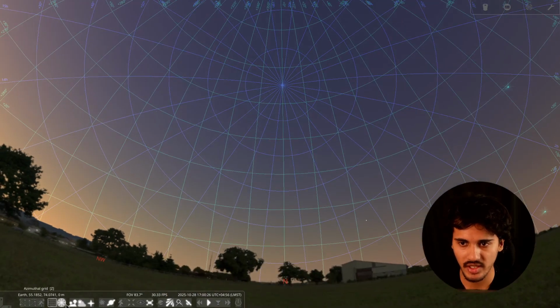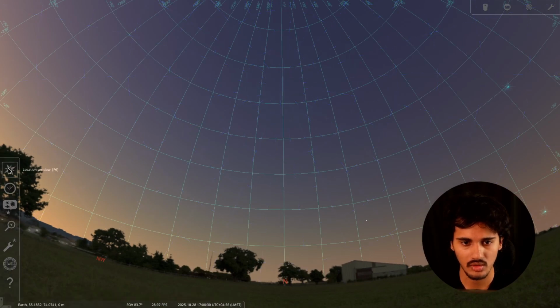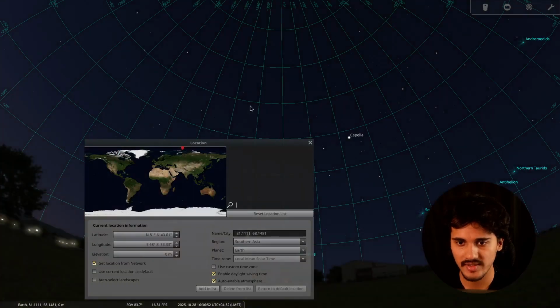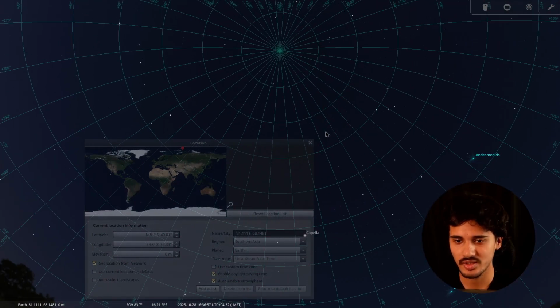And then we can also go back and go as much north as possible. And currently, since it's winter, you don't even see the sun. It's 24 hours of night time there.